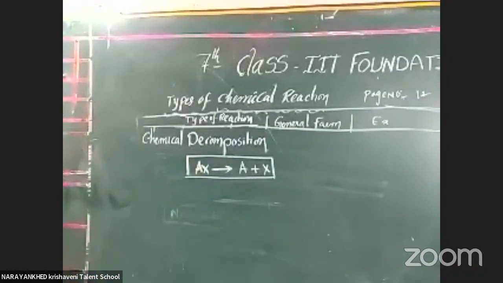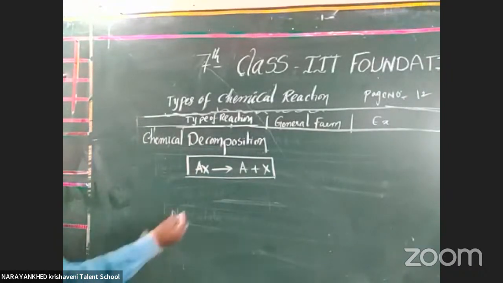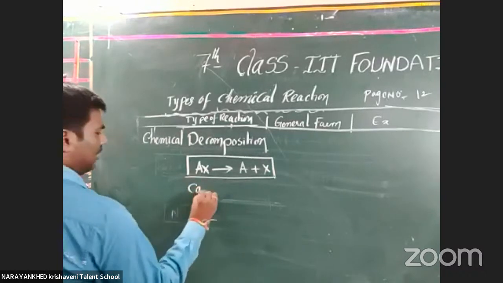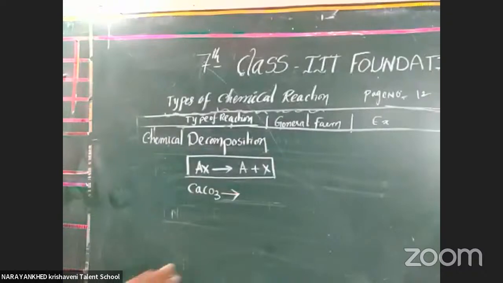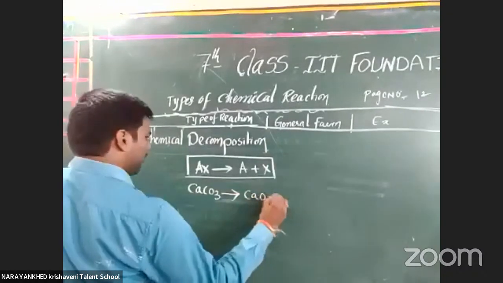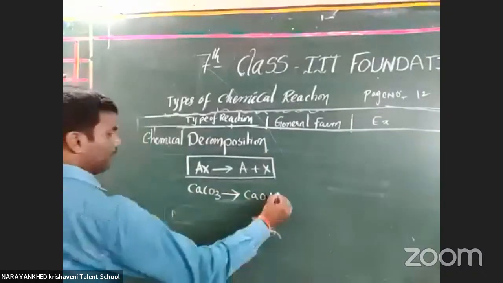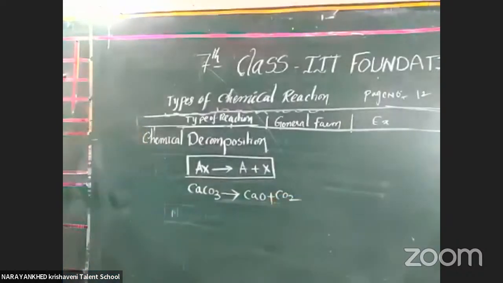And next one: suppose you take calcium carbonate, it gives rise to calcium oxide plus carbon dioxide. Okay, clear or not, all the students? It is called chemical decomposition.